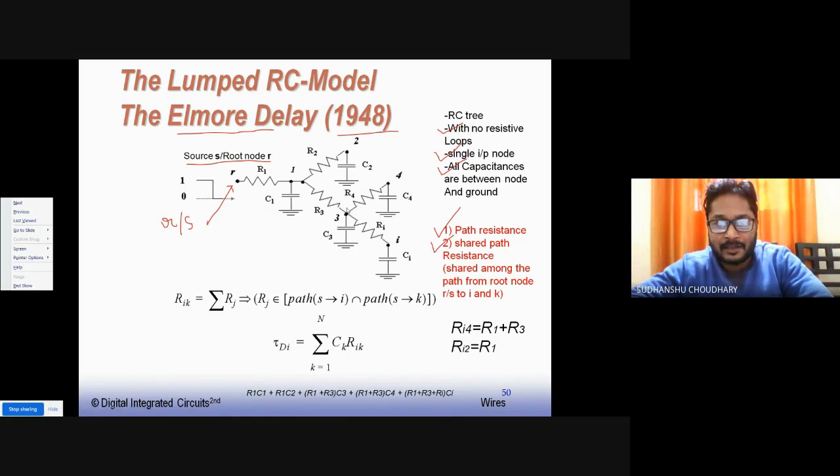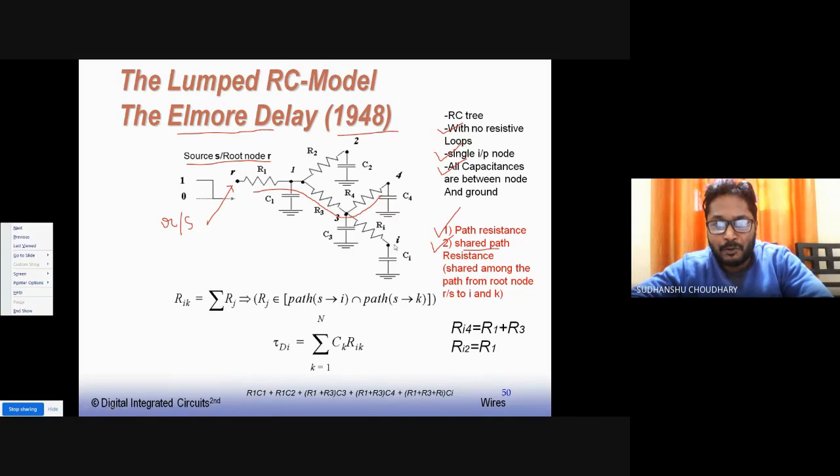This is the total path resistance from here to here, that is, for the delay from root node to node number 4. And the shared path resistance will be R1 plus R3.